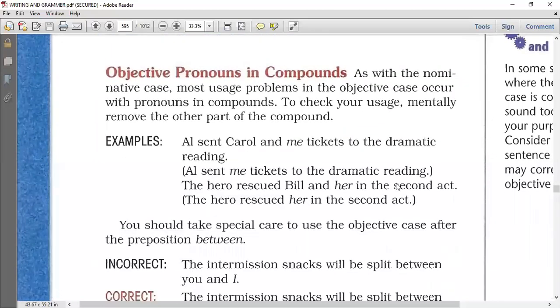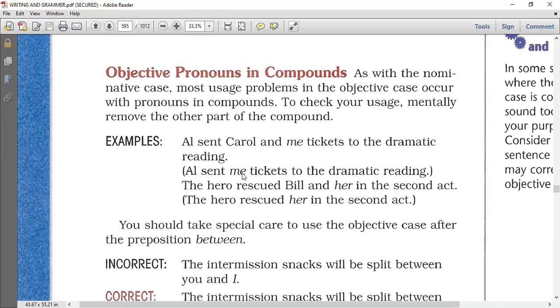Objective pronouns in compounds. As with the nominative case, most usage problems in the objective case occur with pronouns in compounds. To check your usage, mentally remove the other part of the compound, as we did with the nominative one. Al is short for Albert, as you know. Al sent Carol and me tickets to the dramatic reading.